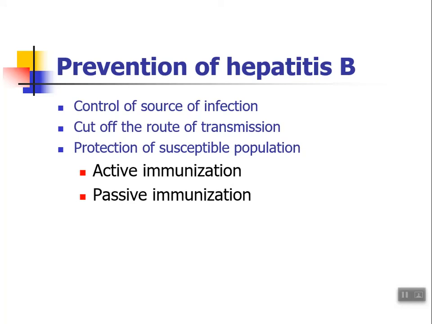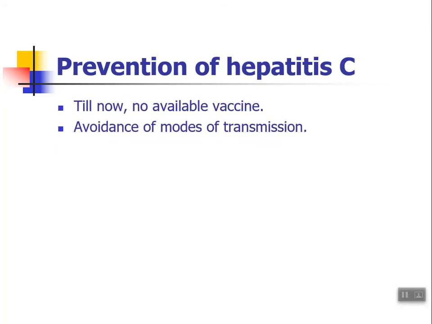The role of the hepatologist when he treats a patient with chronic hepatitis B is to do prevention for the relatives. Prevention of hepatitis C: till now no vaccine is available, but prevention is through avoidance of all modes of transmission as you can.